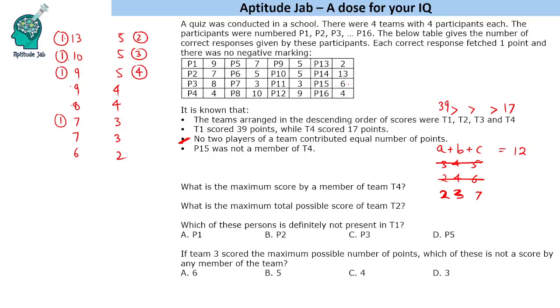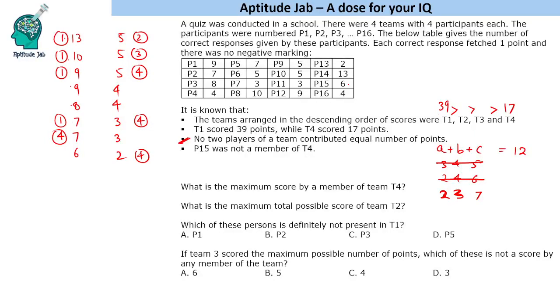That is one possibility. Is it possible? Yes, 2, 3, 7. That looks to be the only possibility. That is 12 points. So that means 2 will be in team 4, one of the threes will be in team 4, and 7 will be in team 4. So these are the structures of team 4.